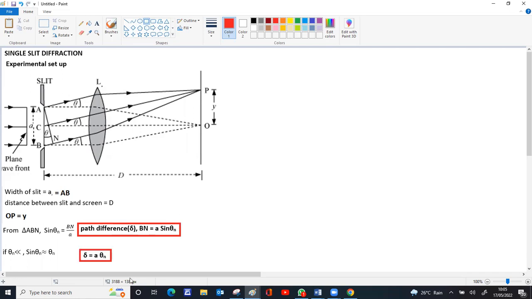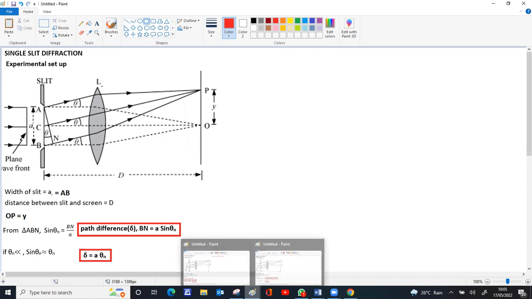But when you use theta for calculation, you must be careful. The angle must be converted from degrees into radians. Sine theta is fine, but angles are always used in calculations in radians, so the angle will be converted into radians by multiplying with pi by 180.